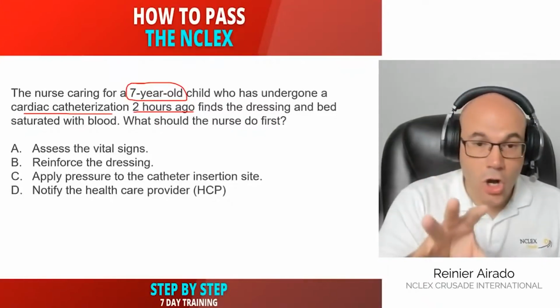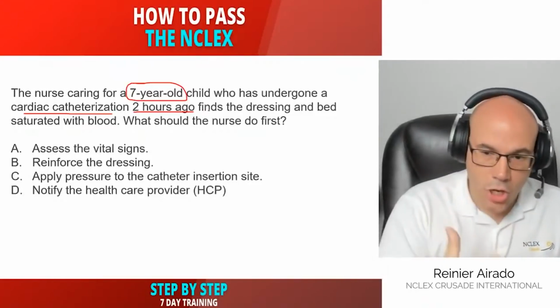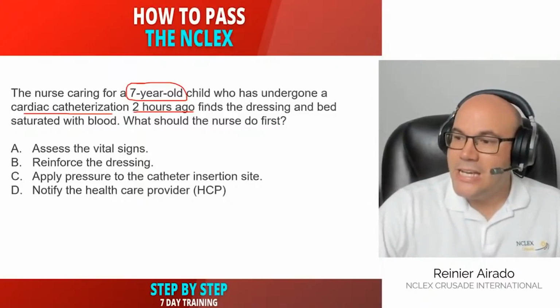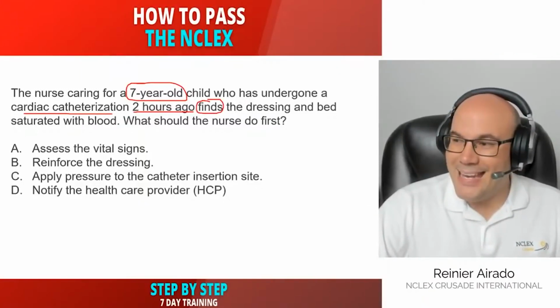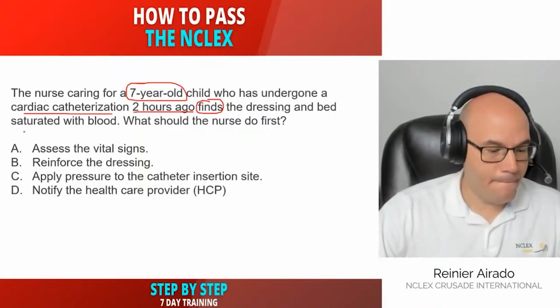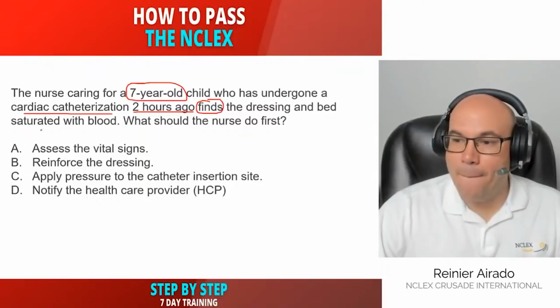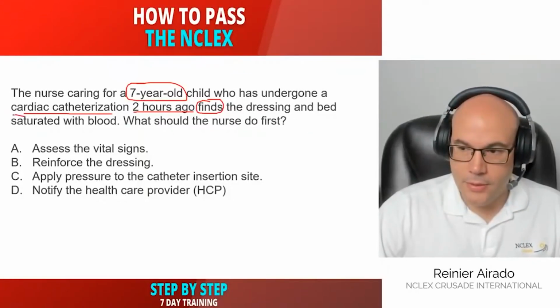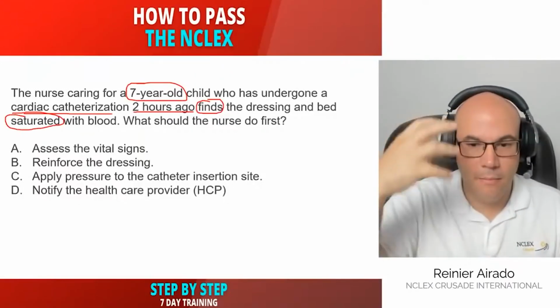And when the nurse goes to see the patient, when the nurse checks on the patient, she finds the dressing and the bed saturated with blood. So we have a bleeding problem. Saturation or saturated with blood means bleeding.